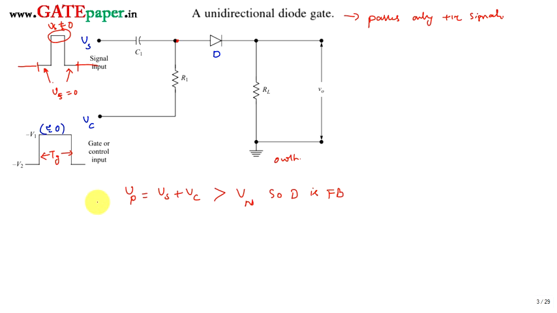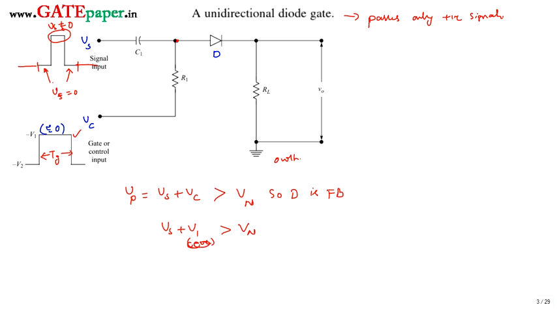For this diode to be forward biased, the control voltage should be at minus V1. So we go with Vs plus V1, where V1 we can think of as negative, so that it is greater than N. For that you will use some positive voltage.